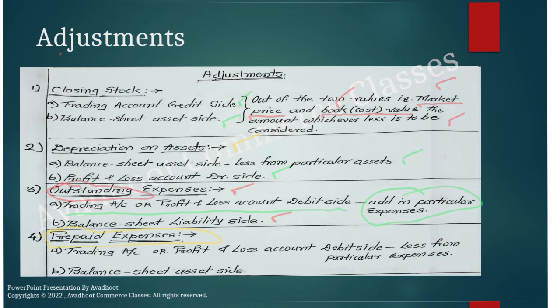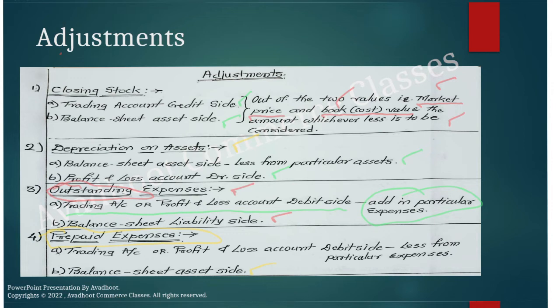And secondly, that is receivable on the balance sheet asset side. If suppose in the exam it is given in the trial balance, insurance (12 months, paid up to June 2022), and we are preparing for March 2022, and the amount is 12,000. It means for every month it is 1,000, so your prepaid amount comes to 3,000.